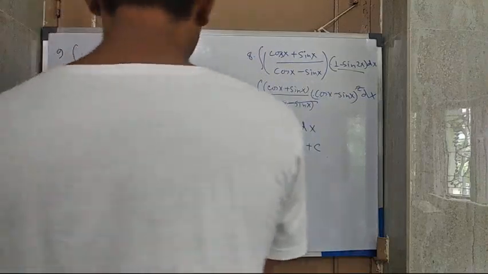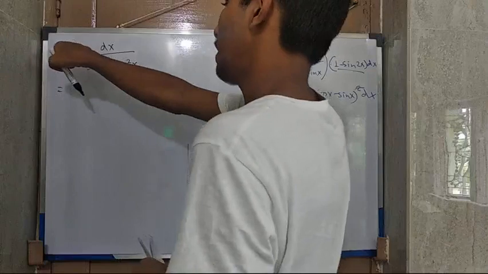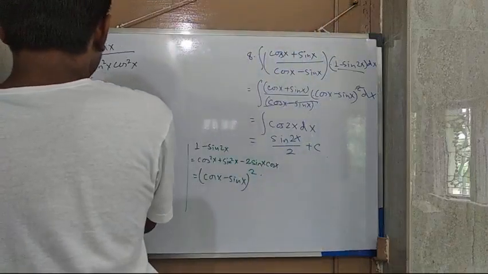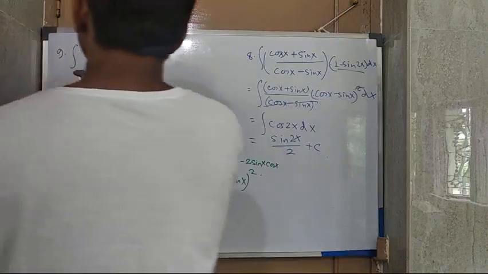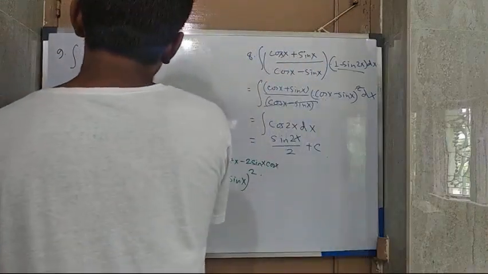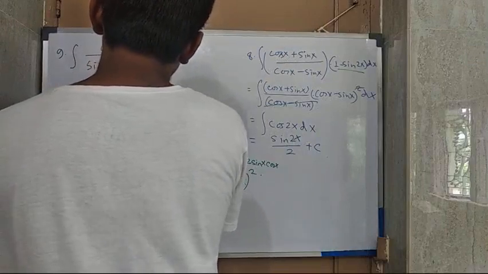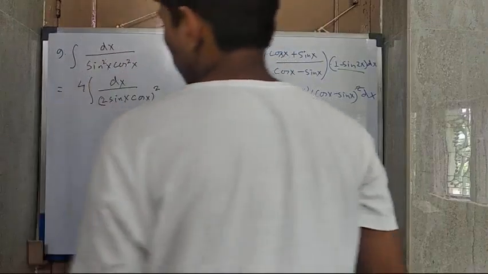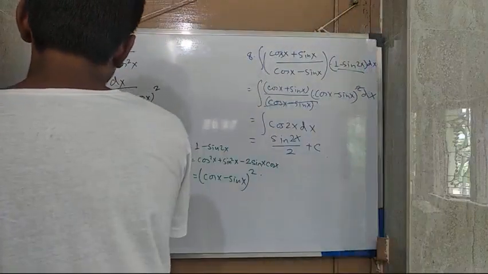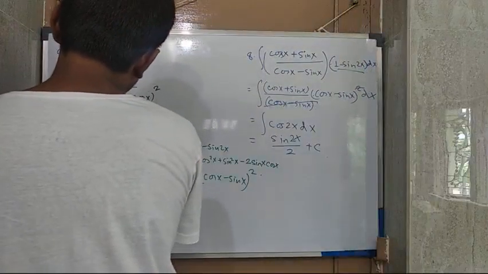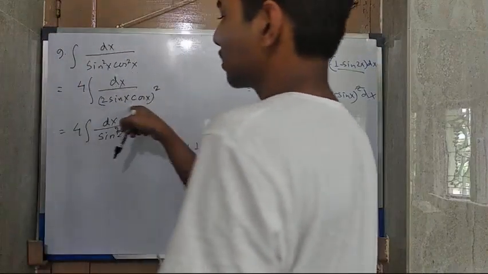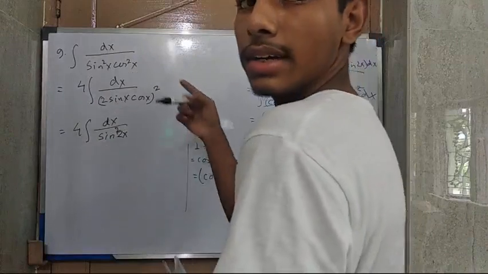This can be done in many methods. The one I am going to use is multiply by 4 and divide by 4. So multiplying 4 times dx and dividing by 4, we can write 4 as 2 square. So this whole quantity becomes 2 sin x cos x whole squared. As this is 2 sin x cos x whole squared, we can write it as integral dx by sin squared 2x, because this is sin 2x and this is sin 2x squared.